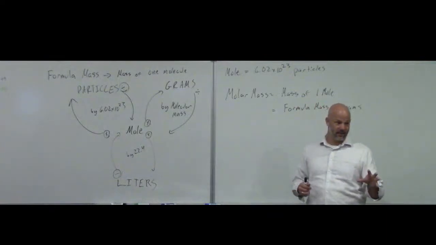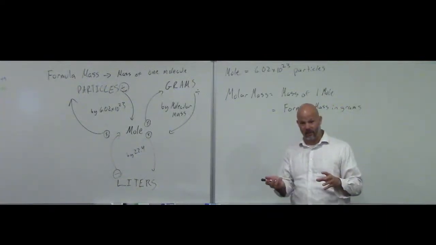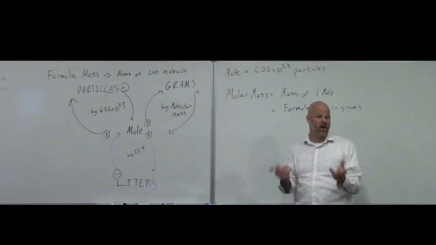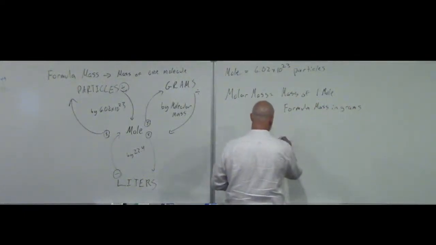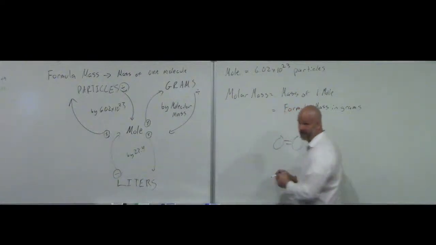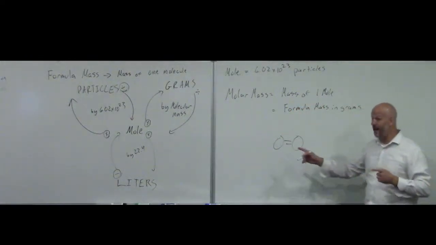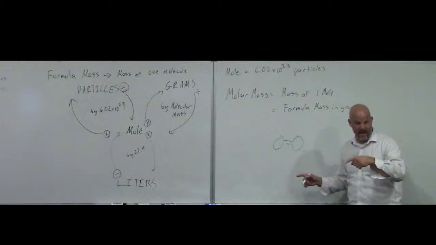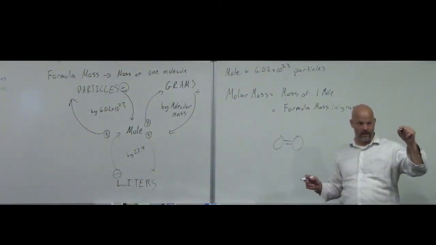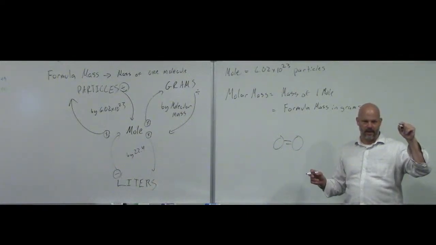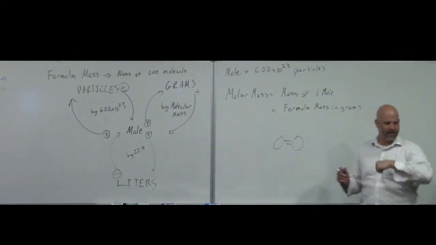Oxygen has 6 valence electrons, it wants 2 more, so it'll bond with each other. When I talk about oxygen gas, I'm talking about oxygen double bonded with itself. Okay? So it's not 15.999, it's going to be 31.998 or something like that. Do the math.